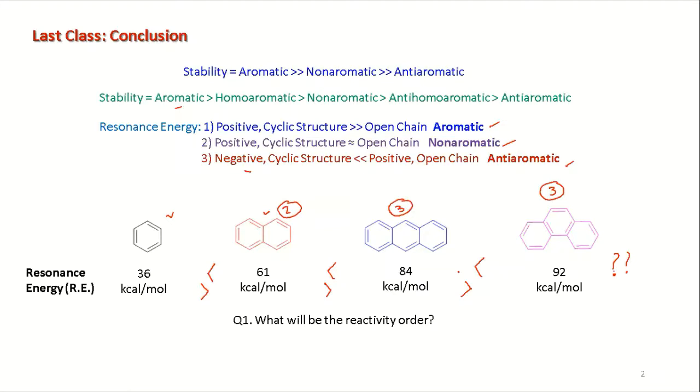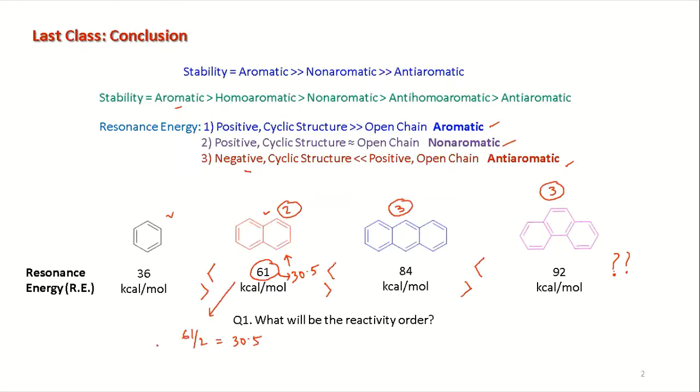You have to consider the resonance energy in terms of a single benzene form. Now here the naphthalene, as I told, is fused with two benzene rings, and the resonance energy is 61. For one ring, it can be averaged: 61 by 2 is 30.5.